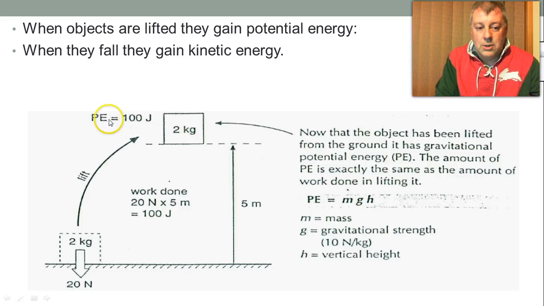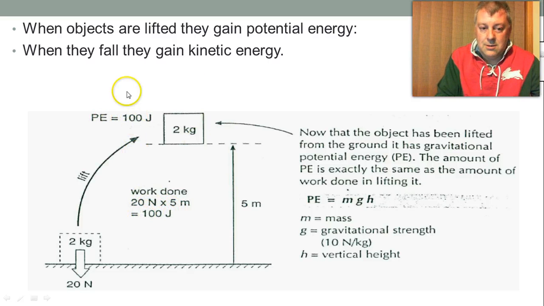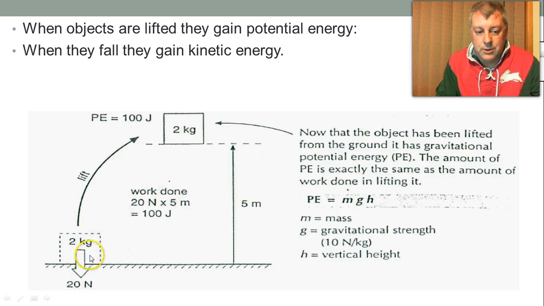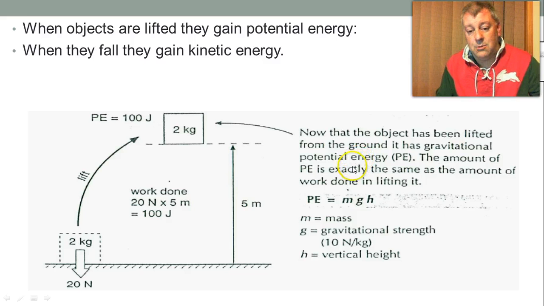So the potential energy up here must be equal to the work done, because this is a simple system. If we're doing work, energy's got to go somewhere, and it's going into this box. So when the box up here has 100 joules of energy that the box down here doesn't have, because you've done work, basically. That's what it's saying.